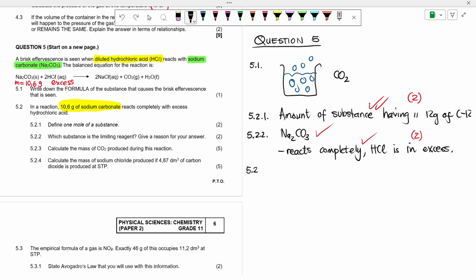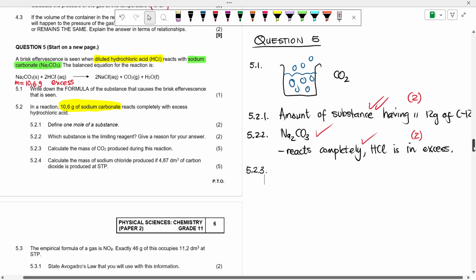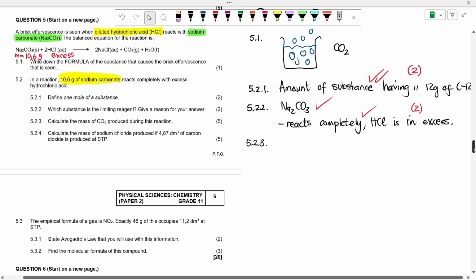We are on a good pace so far. I'm happy. Calculate the mass of carbon dioxide produced during this reaction for 5 marks. That one is free 5 marks, isn't it? Don't you think it's free 5 marks? It is.